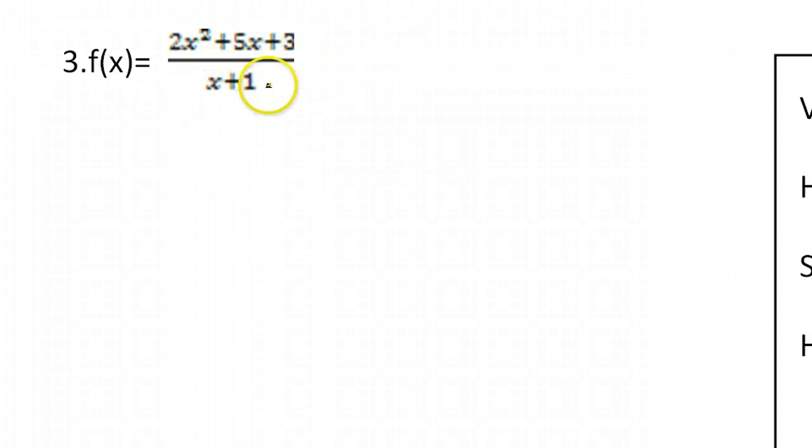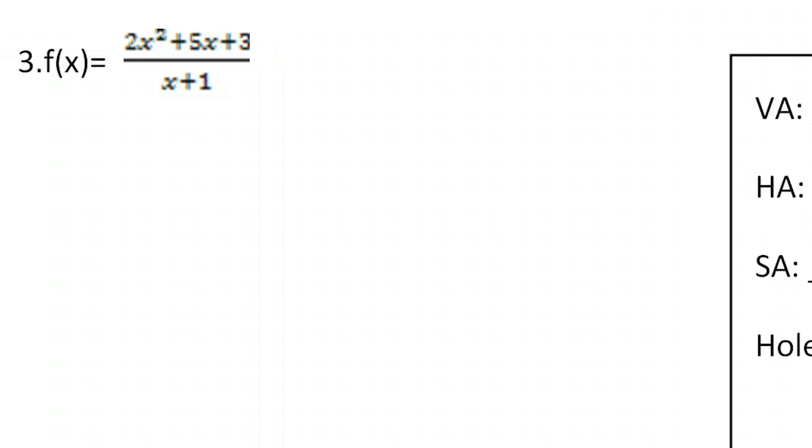Only if the x plus 1 doesn't wind up canceling out. The easiest way to find out is just to go ahead and divide, because either way we'll need to divide. Since it's a simple x plus 1, synthetic division is the way to go.